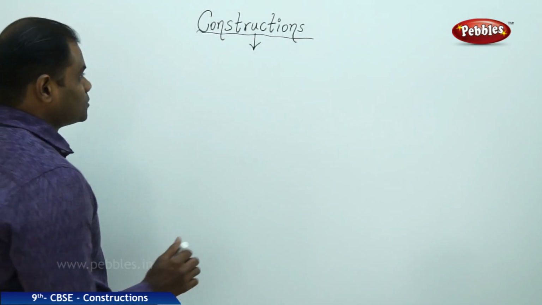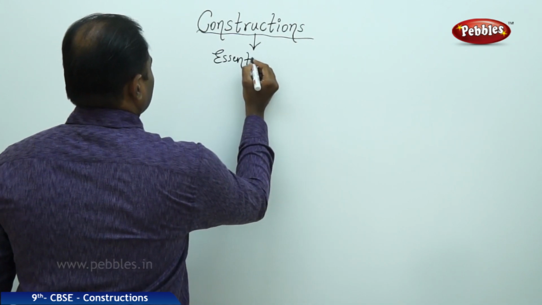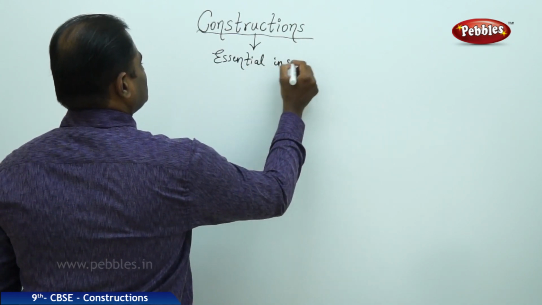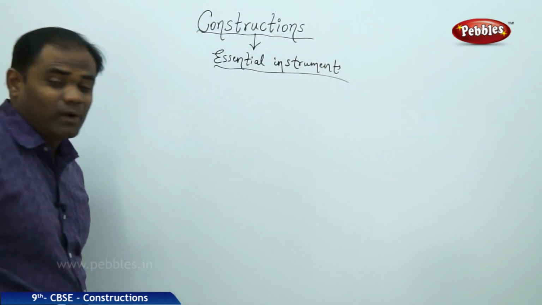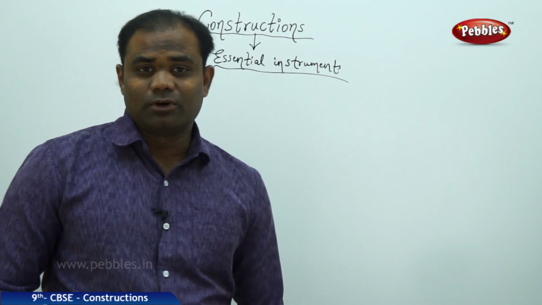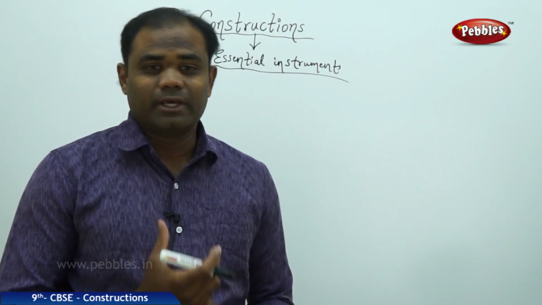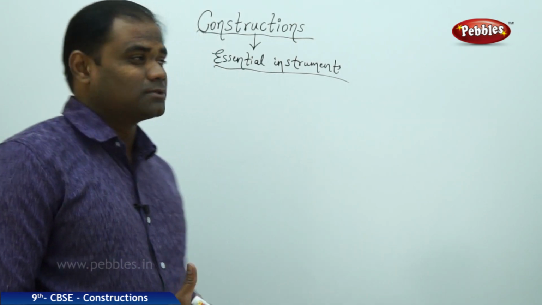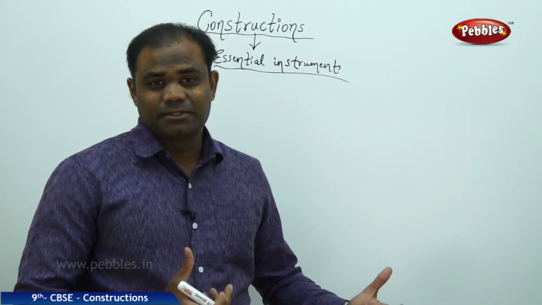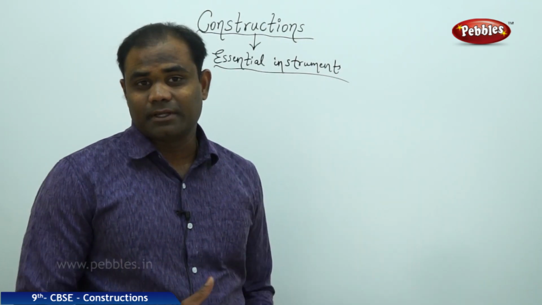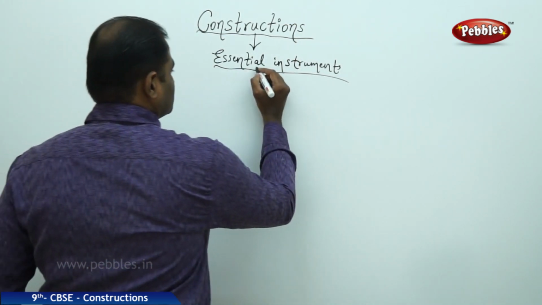It is very important to note that essential instruments play a vital role in constructions, because if you want something perfect, you need to use some tools. So let's see what tools are used in order to make perfect constructions, just like the bridge in the previous session as an example case. So let's see the essential instruments.